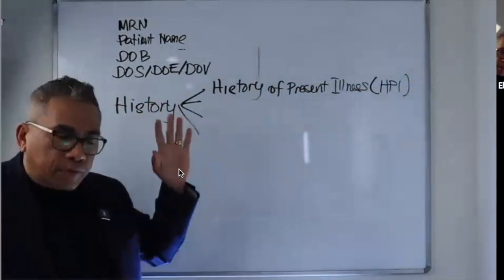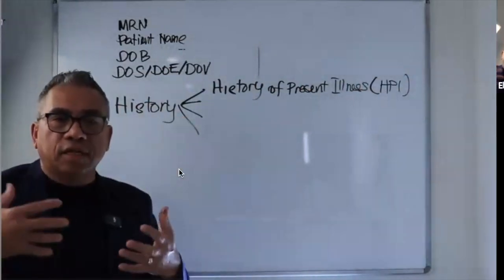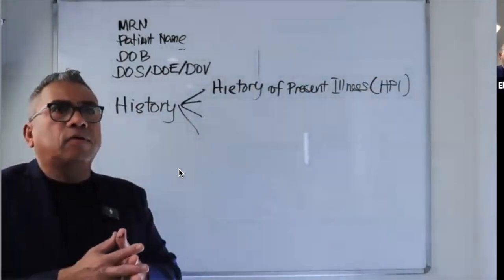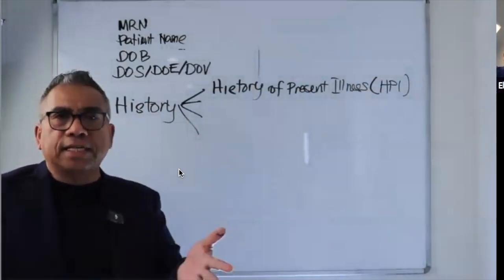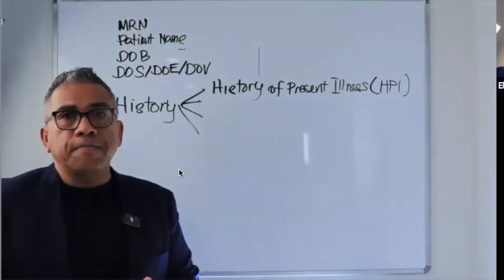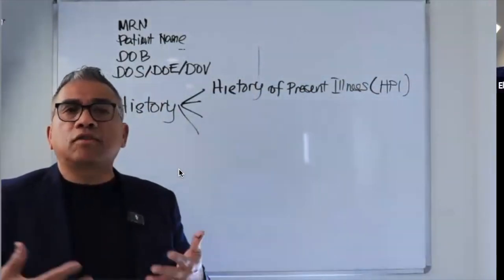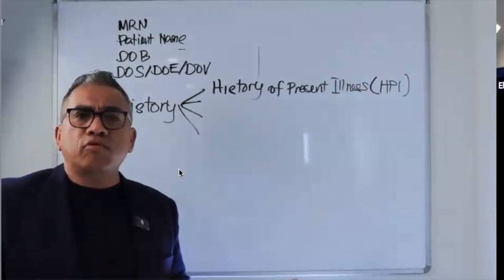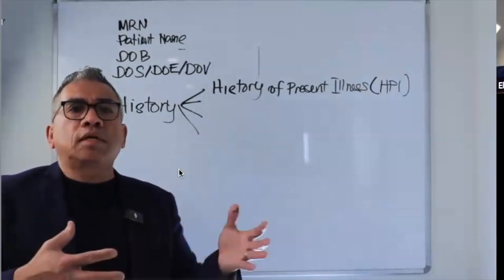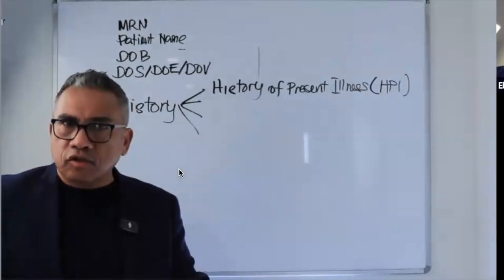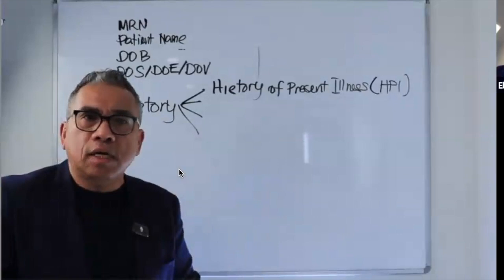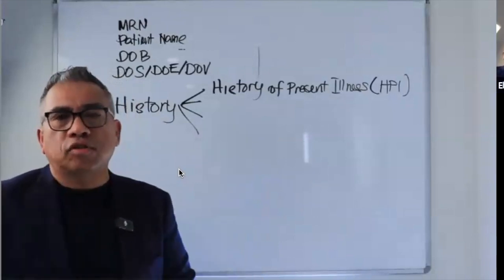The HPI tells you everything about the background, the reason why the patient is in the clinic at the moment. Let's say, for example, the patient suffered a fall. The patient resides in a nursing facility or memory care facility and suffered a fall, was seen by the attending nurse, who called 911, and the patient was brought to the emergency department.